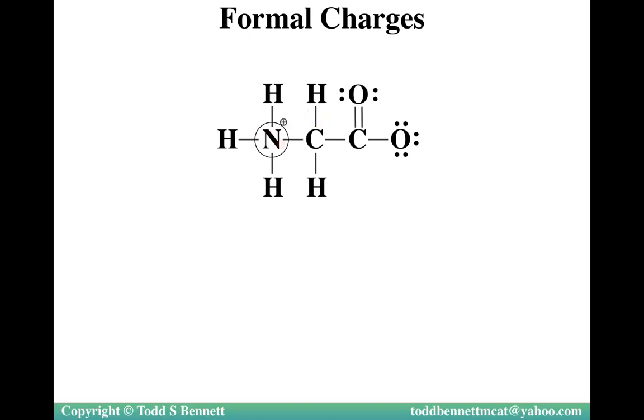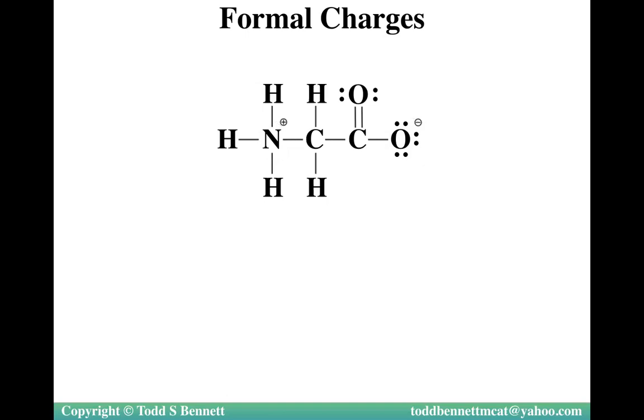Middle carbon, 1, 2, 3, 4 bonds, it's set. The end carbon has 1, 2, 3, 4 bonds, it's set. This oxygen has a lone pair and bonding, so 6 electrons, set. This one, 1, 2, 3, 4, 5, 6, and 7 because of that bond to carbon right there. So 7 electrons, when it normally has 6, means an excess of 1, so it has a negative.